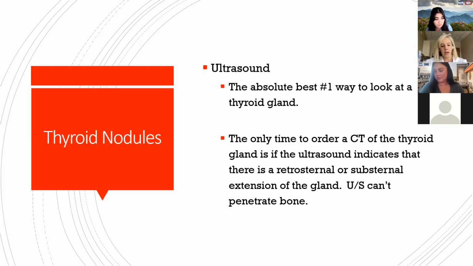The only time we would ever get an ultrasound and then subsequently order a CT scan, which is usually a soft tissue neck, is if that gland is huge or we think it's going below the sternum, substernally, and extending into the chest wall. And usually I order that if I'm worried about that, because I'm already shipping them to the surgeon. And the ultrasound won't go through bone. It just lights up, so you can't see anything past the bright white bone. So next slide, please.